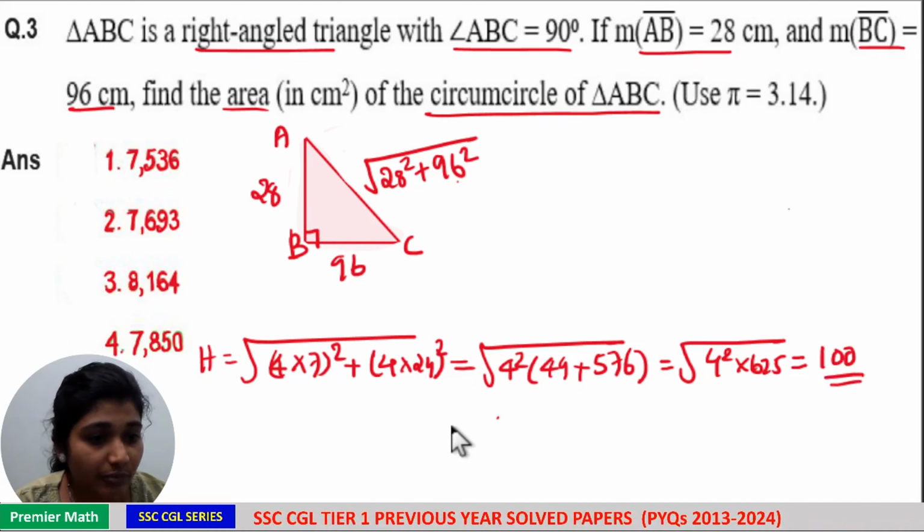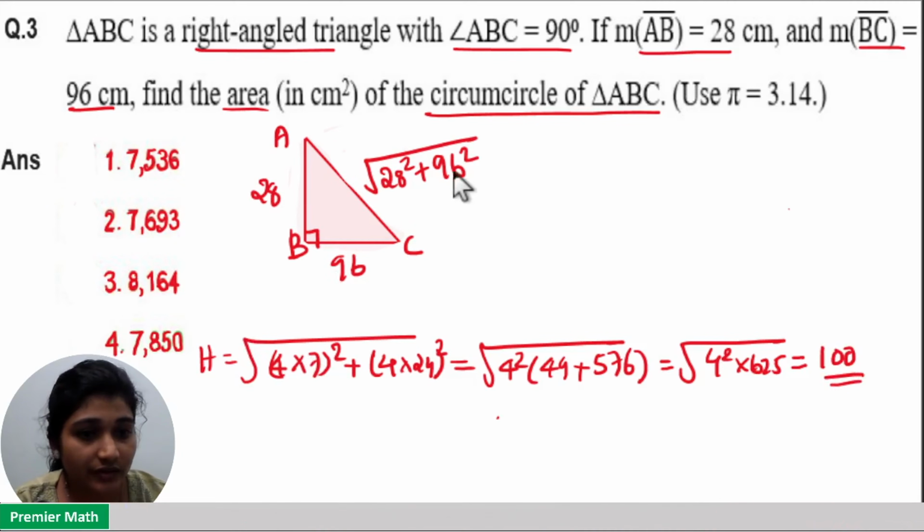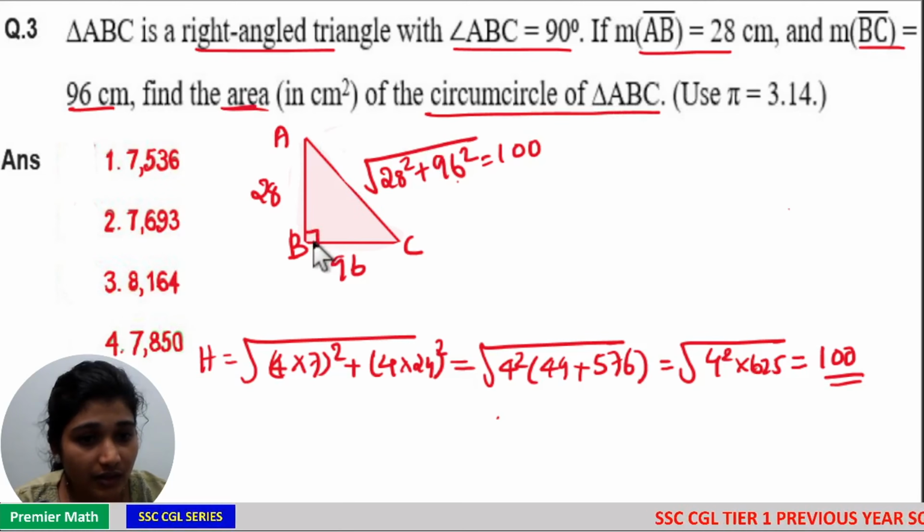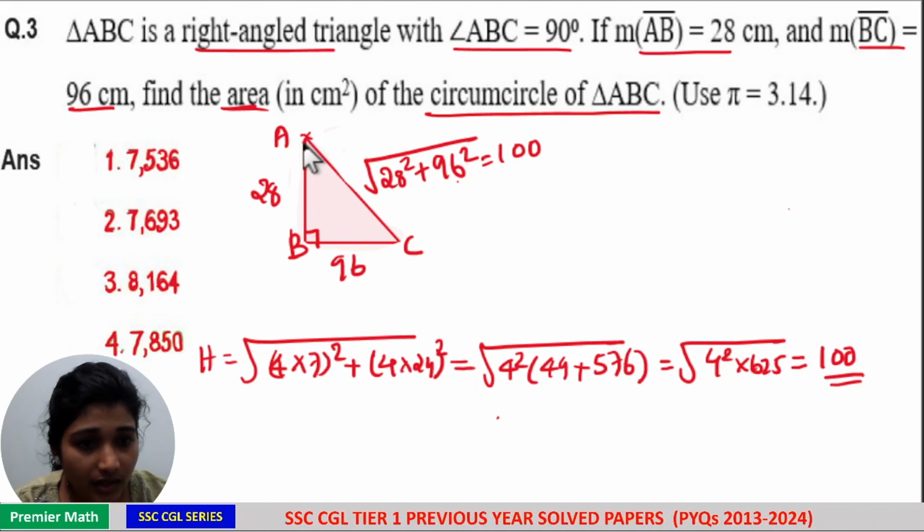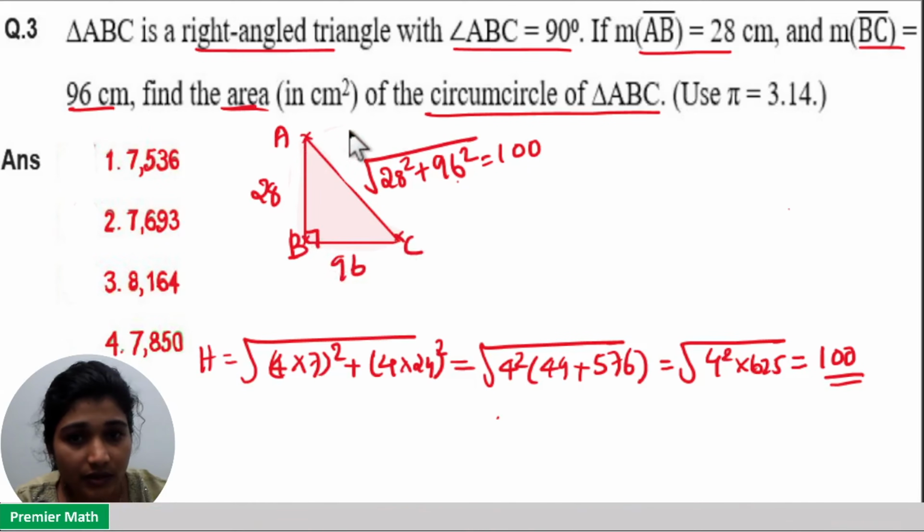So hypotenuse is equal to 100. Now, here we have to find the area of the circumcircle of triangle ABC. So to draw a circumcircle, draw a circle connecting the vertices A, B, C. So here this is the circumcircle.